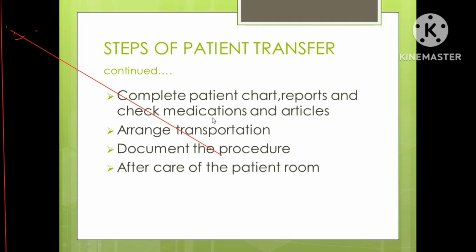If we are keeping articles in the hospital custody, we have to give them back to the patient, and we have to arrange transportation and document the procedure. Documentation is very important. We have to document all the procedures and do after care of the patient room. That is, we have to clean the patient room according to the hospital policy once the patient gets transferred.